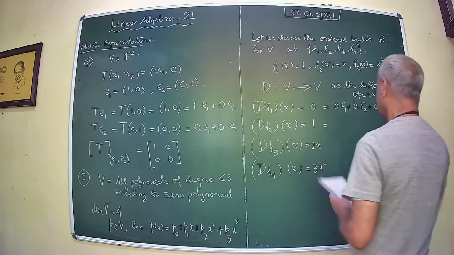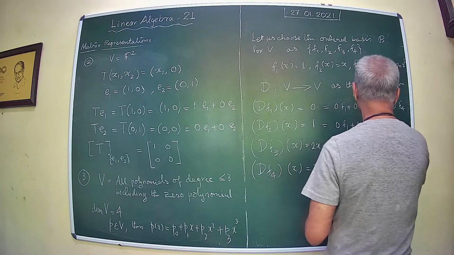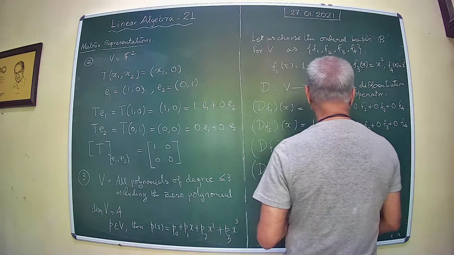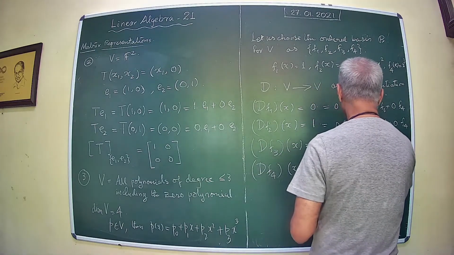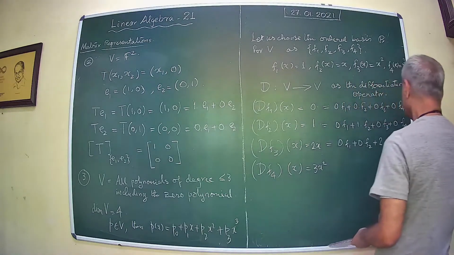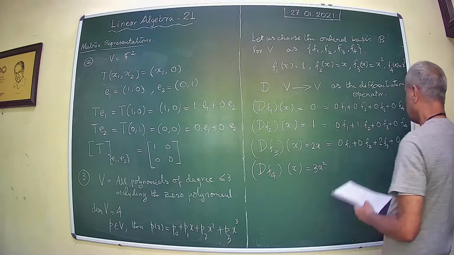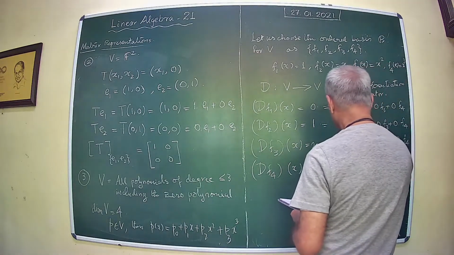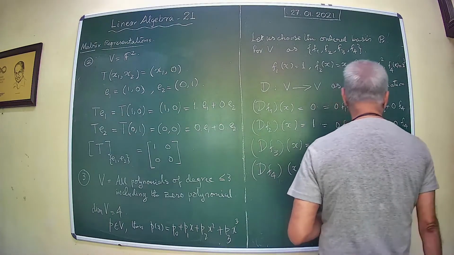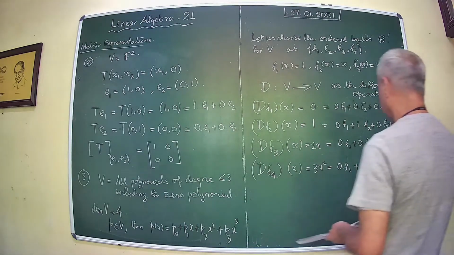D(F2) is equal to 1 times F1 plus 0 times F2 plus 0 times F3 plus 0 times F4. D(F3) is equal to 0 times F1 plus 0 times F2 plus 2 times F2, oh sorry, I think I wrote it wrong.